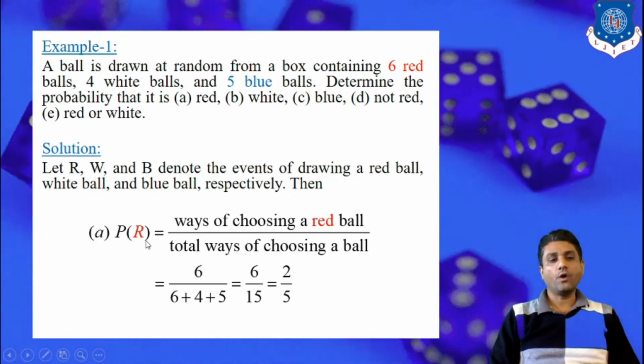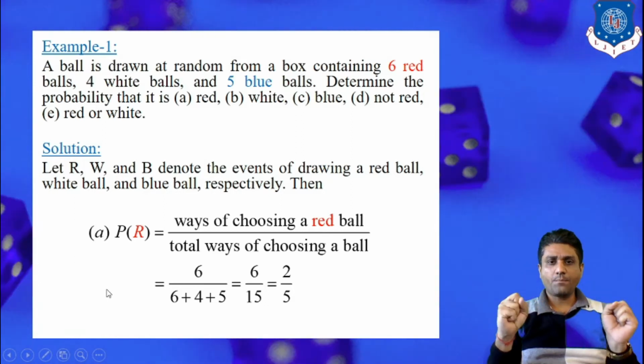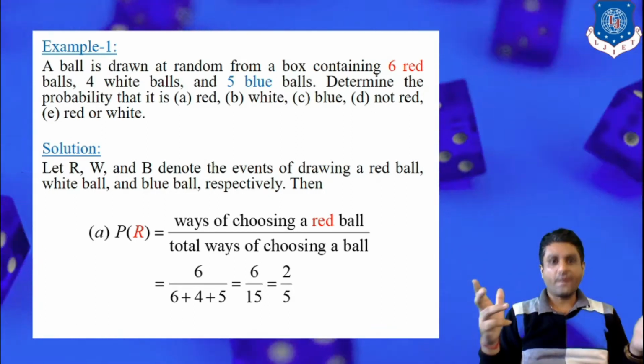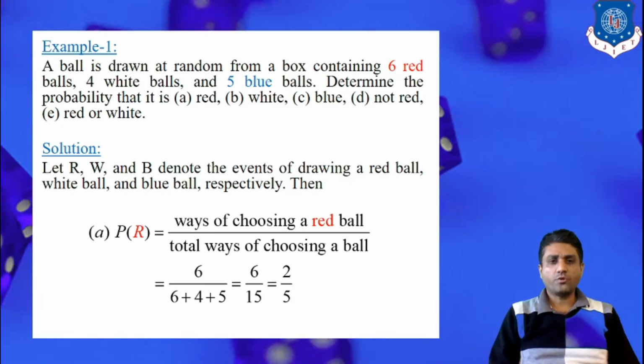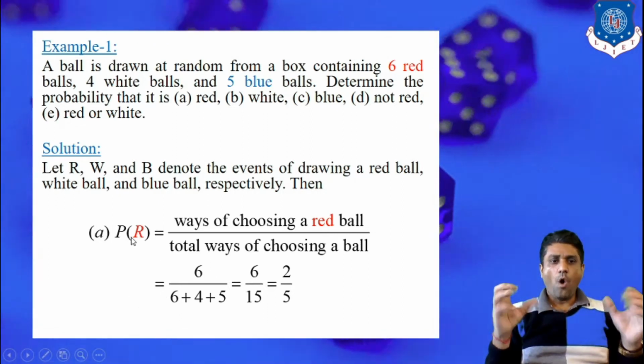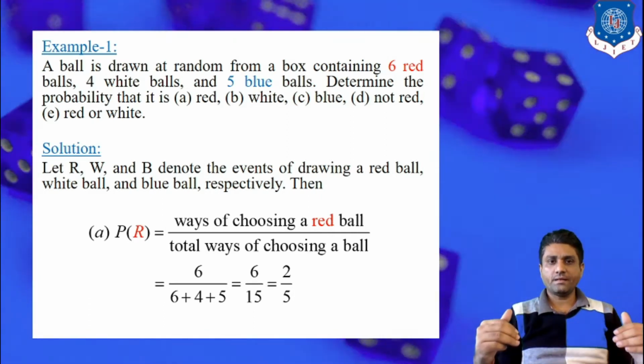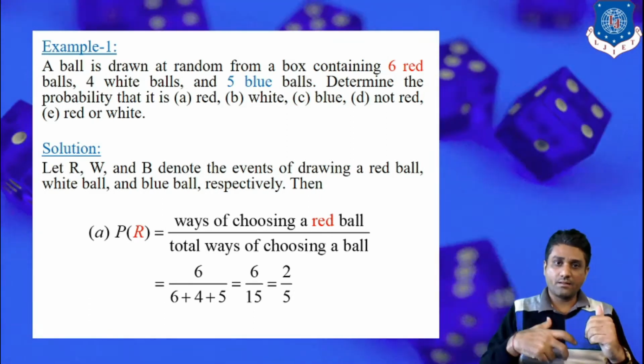So probability of R. Remember, to find the probability of any random experiment, the denominator is all possible outcomes and the numerator is our favorable outcomes.